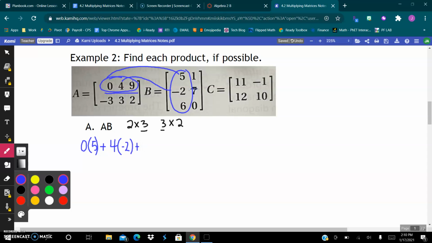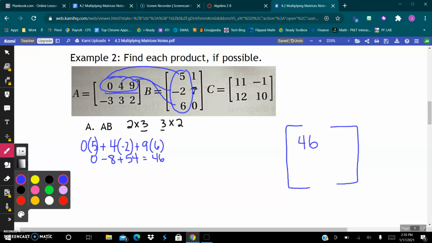And then the last would be 9 times 6. So that's 0, -8, and 54. So that would equal 46. So in our matrix, the first number is 46.